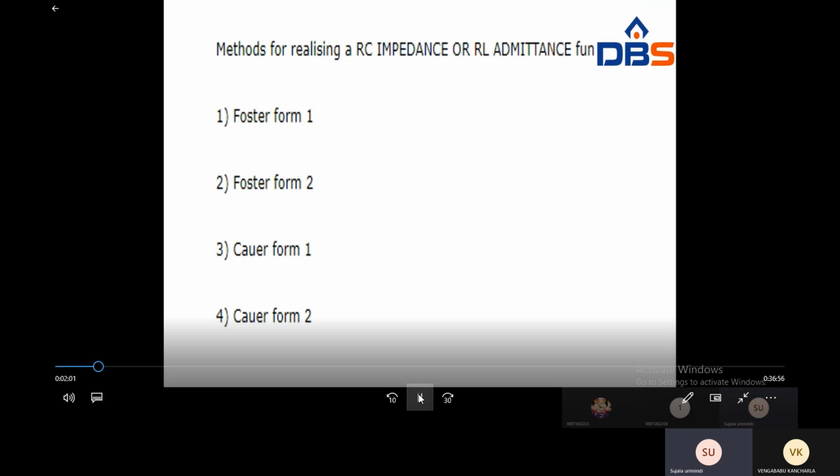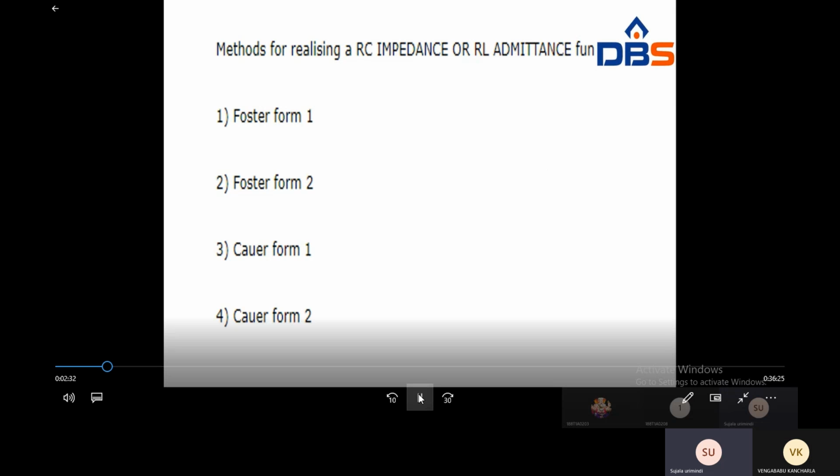What are the most common forms while synthesizing RC or RL networks? The most common methods are Foster form 1 and Foster form 2, and Cauer form 1 and Cauer form 2. These are the 4 most important methods for synthesis of RC or RL or LC networks.